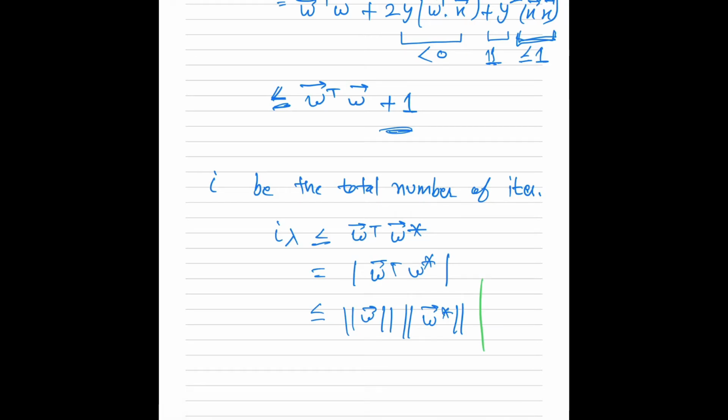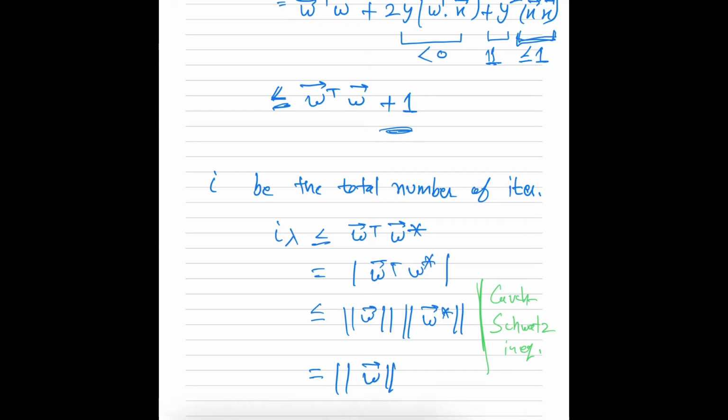by using the Cauchy-Schwarz inequality. Now that simply becomes the w vector norm. Why?